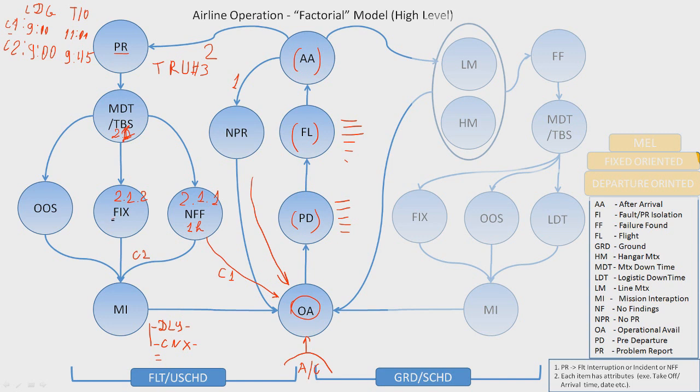He calls the store, the parts logistics department, and they say, yes, we have TRU number 3. The mechanic takes this TRU number 3 and replaces it. He tests the system, everything is okay. Let's say he spent again 1 hour.